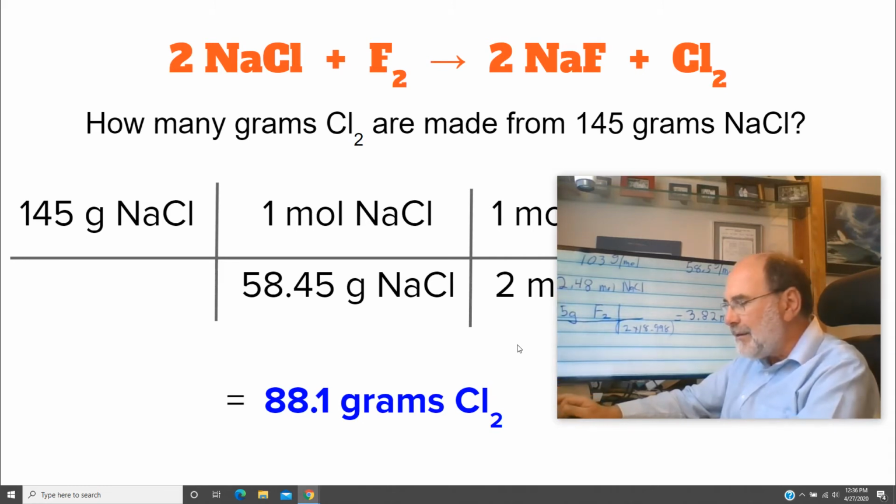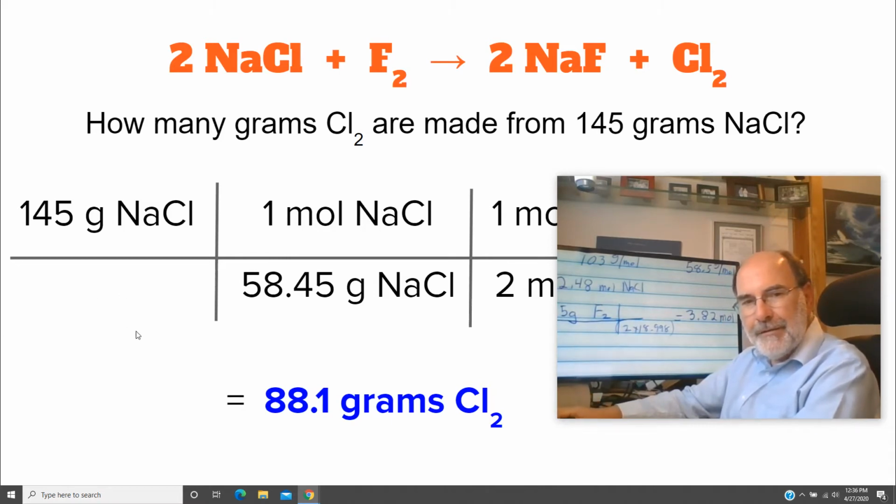So approximately 1.25 moles instead of the 3.82 moles of fluorine gas. So, that would be less than I can do in my head. Way less than 145 grams of fluorine gas that I was given.